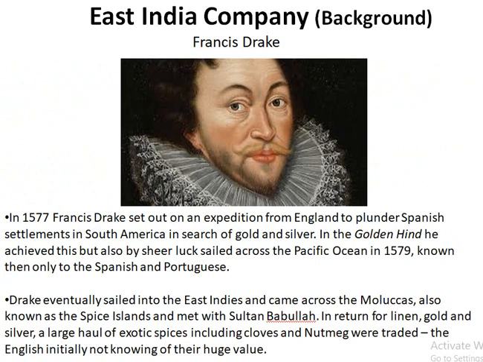The East India Company actually was founded by some very important events. In 1577, Francis Drake set out on an expedition from England to plunder Spanish settlements in South America.